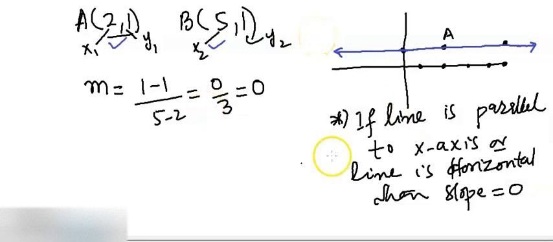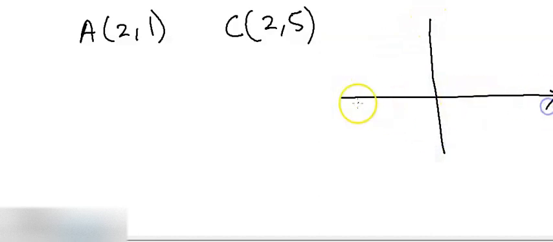Okay, on the same lines we have another example. Let us consider two other points. Let me fix A the same, which is 2 comma 1, and this time I will call another point C, which is 2 comma 5. Let's try to plot this as well. Where is going to be my point A?